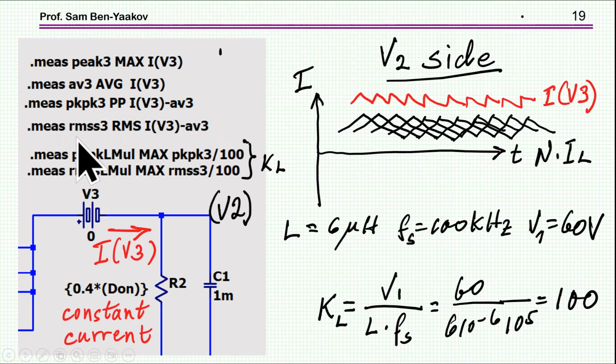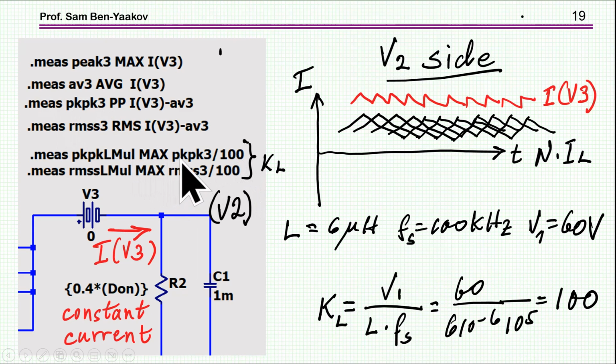And then the same thing goes for the RMS. Find the RMS of this difference, and this will be one number per run per duty cycle. And then for the normalization, I am looking at the results. This is the peak-to-peak, and this is the RMS, and taking these and dividing by 100, I'm now looking at the maximum of this curve.